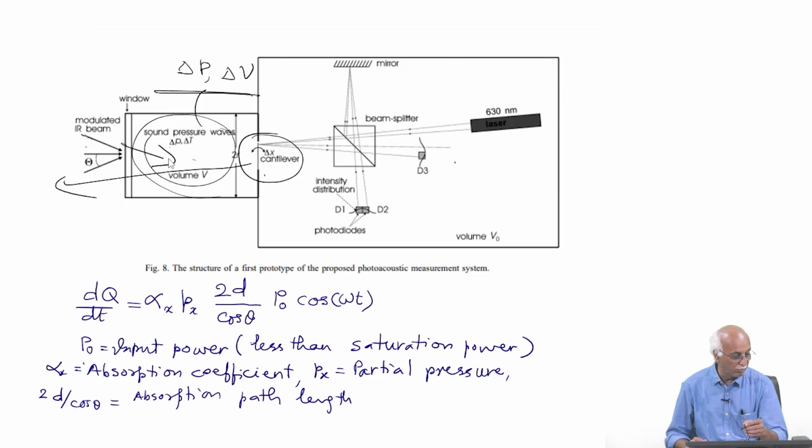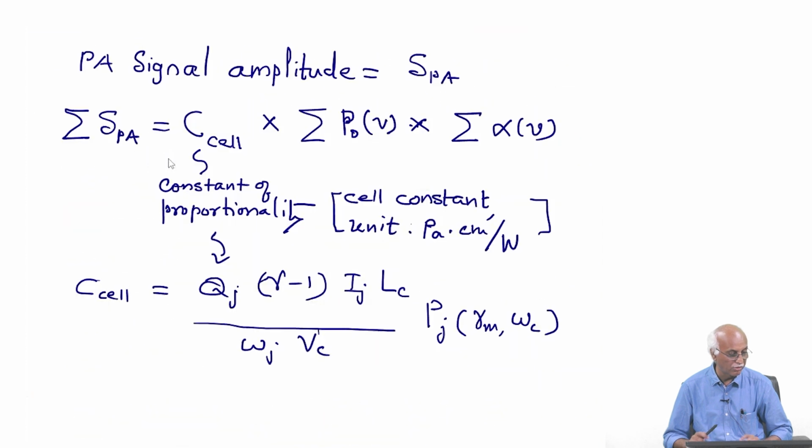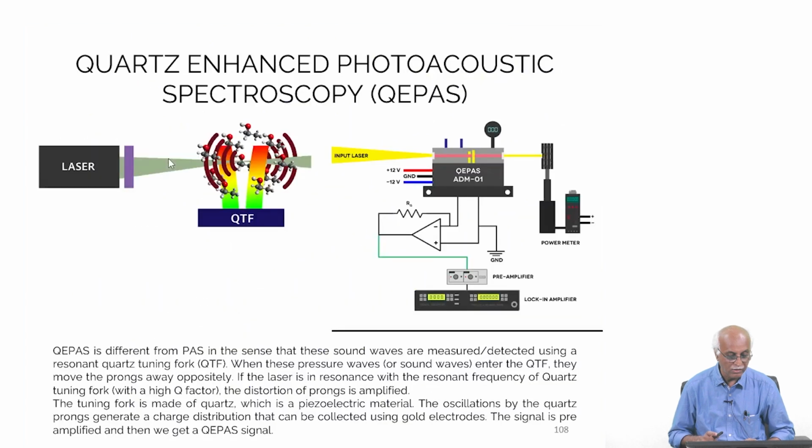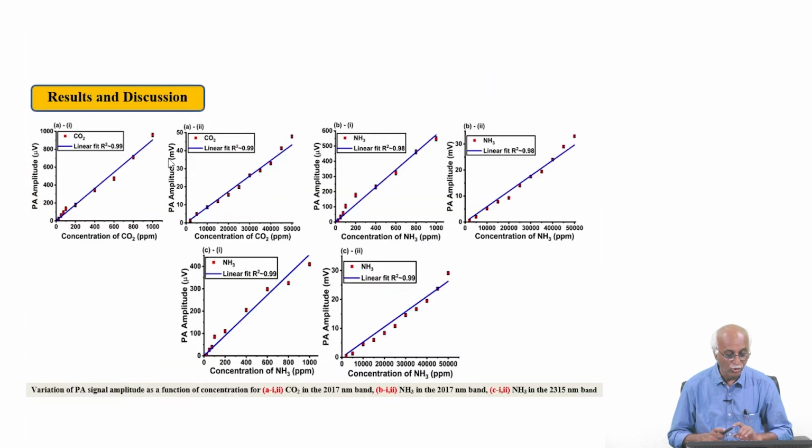Now, in our lab we have conducted some such experiments, and we have found the right concentration values for various gases. This is just to give you an idea, you do not have to remember it. We changed the concentration of CO2. The X axis is the concentration of CO2, and the y axis is the photoacoustic signal.